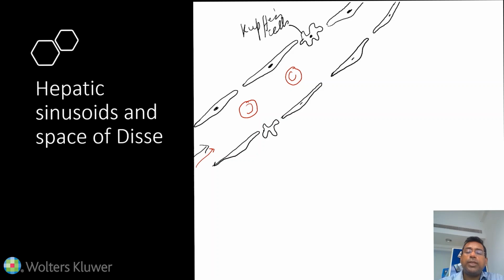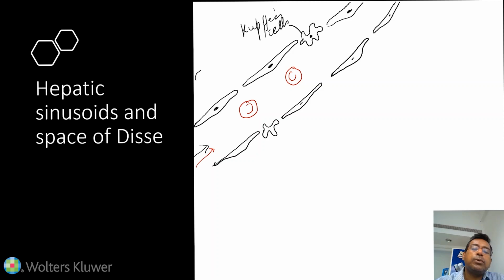So these are the fenestrated capillaries with two types of cells in their wall, and on either side will be the hepatocytes.